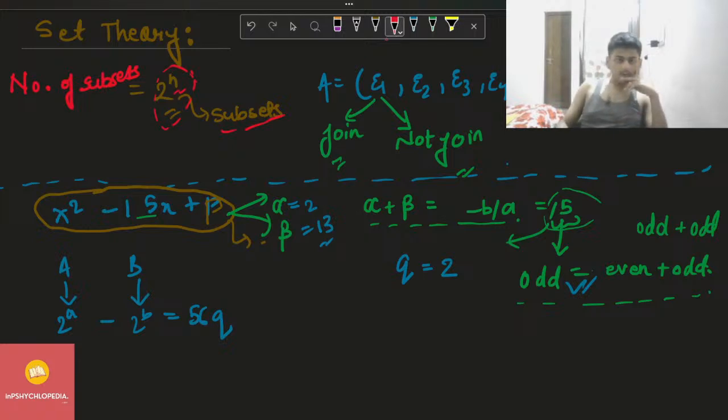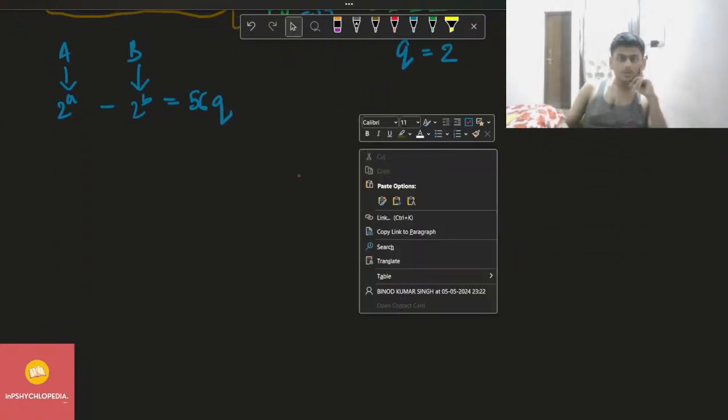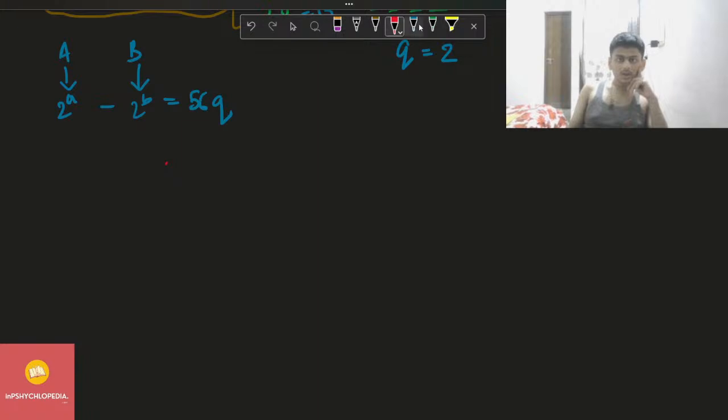we know the value of q, so let us move forward. Let us say that b is smaller than a, then 2 to the power a minus 2 to the power b is equal to 56 into 2.